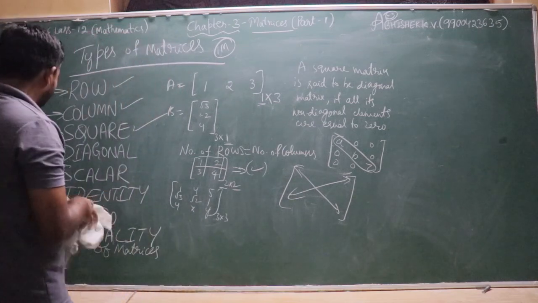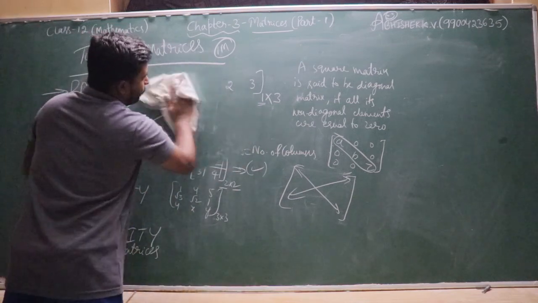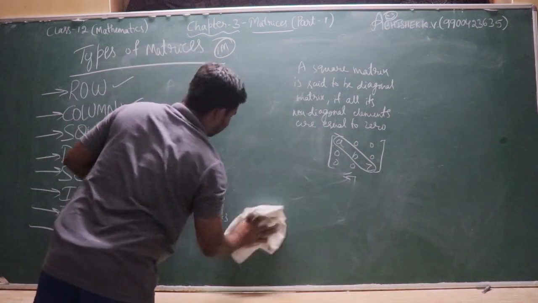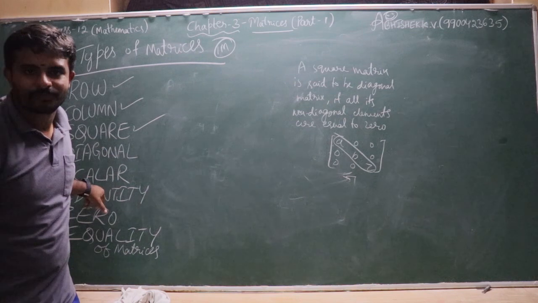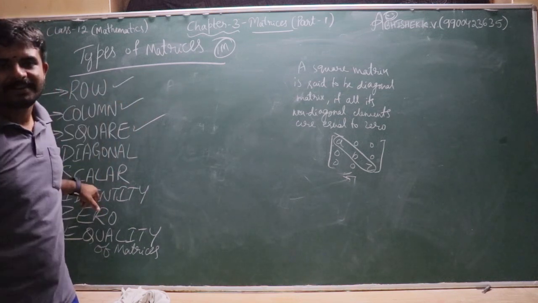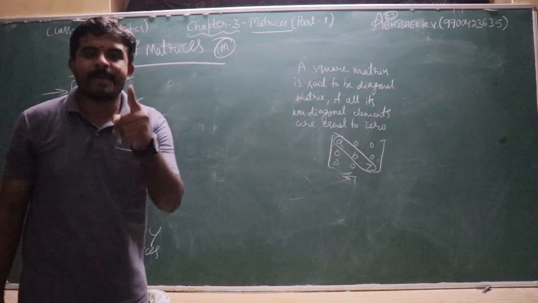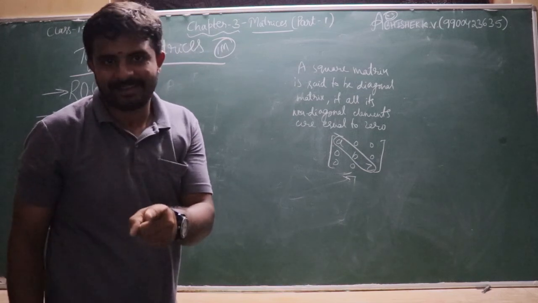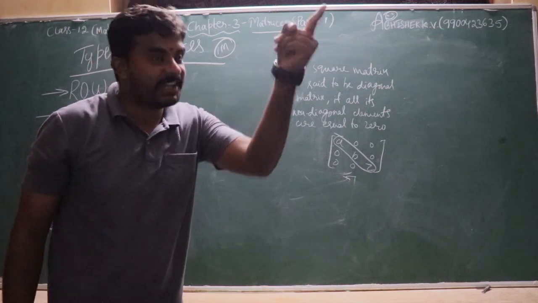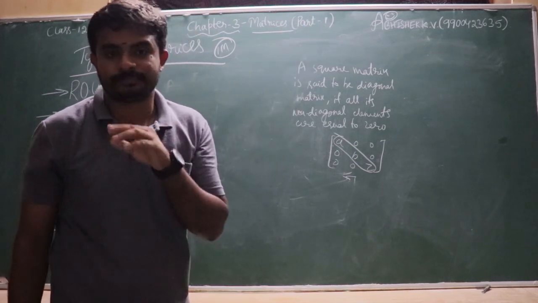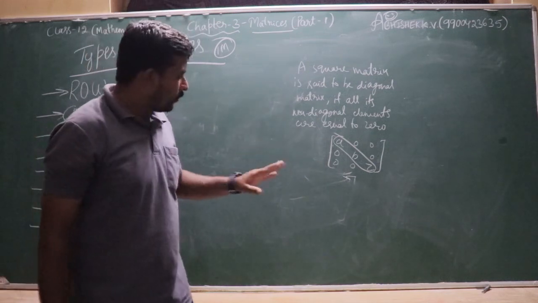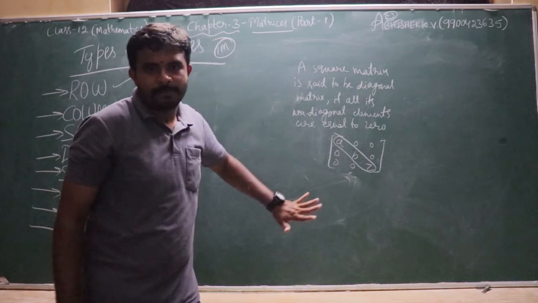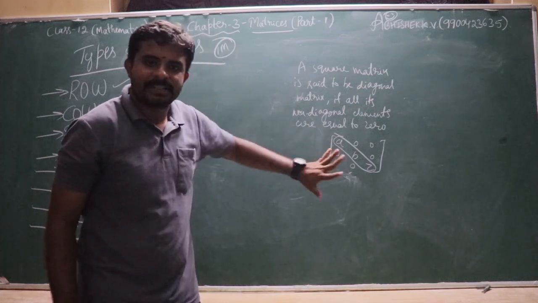Then I move on to the scalar matrix. To define a scalar matrix, we need the diagonal matrix. That is, a diagonal matrix is said to be a scalar matrix if all its diagonal elements are the same. My question is, this is a diagonal matrix because all its non-diagonal elements are equal to 0.